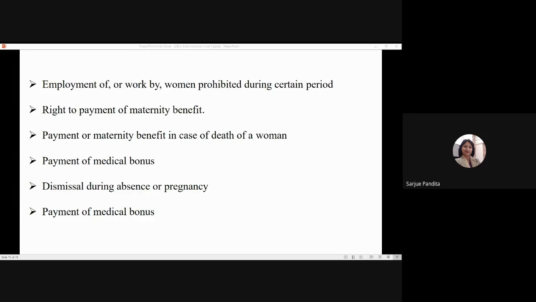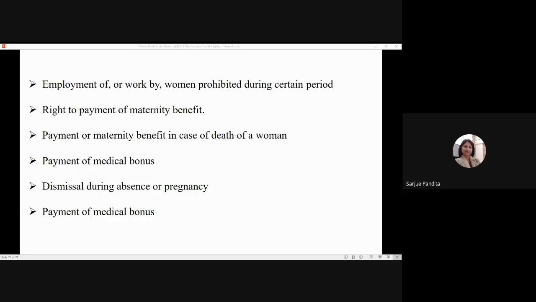The discharge or dismissal of a woman at any time during her pregnancy, if the woman, but for such discharge or dismissal, would have been entitled to maternity benefit or medical bonus referred to in Section 8, shall not have the effect of depriving her of maternity benefit or medical bonus.